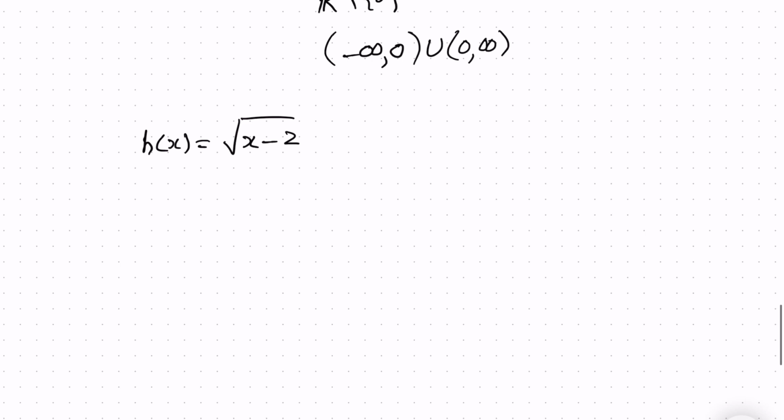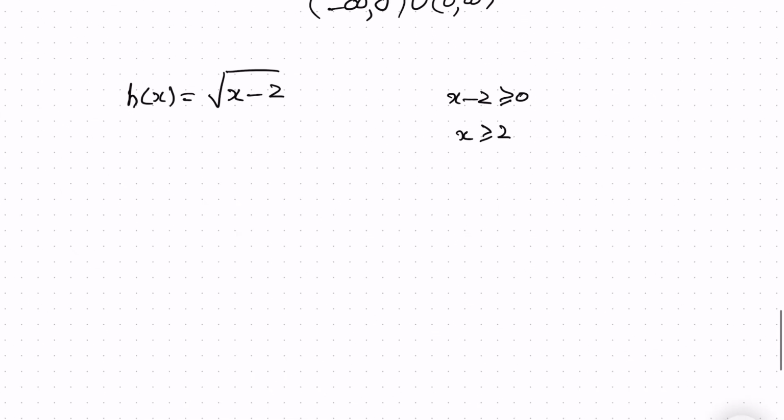So this x minus 2 has to be non-negative to deal with the square root. It means that this will be valid only when x is greater than or equal to 2. If it is less than 2, the input of the square root is going to be negative. It's not going to be real anymore.